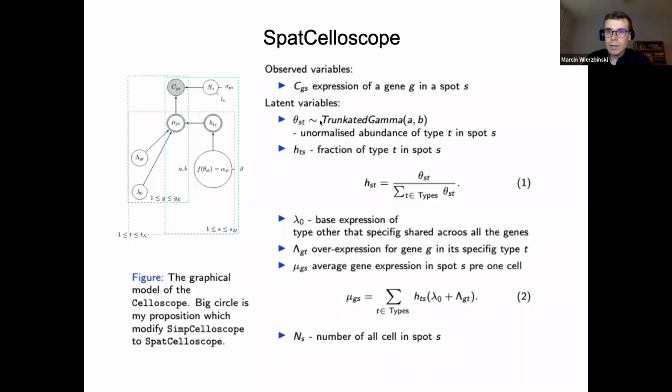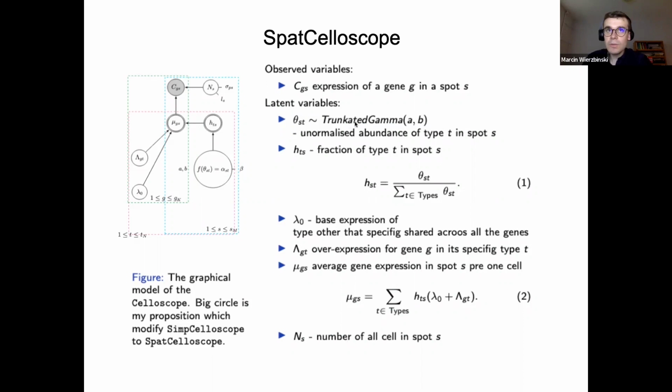And I changed the assumption for this distribution, because from the previous information we had a gamma distribution, and here we have a truncated gamma.